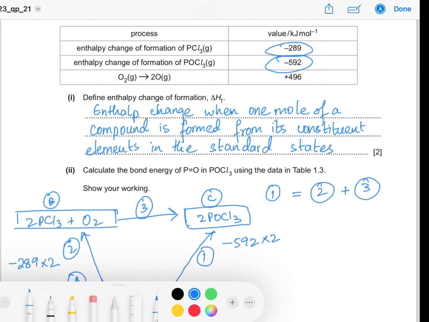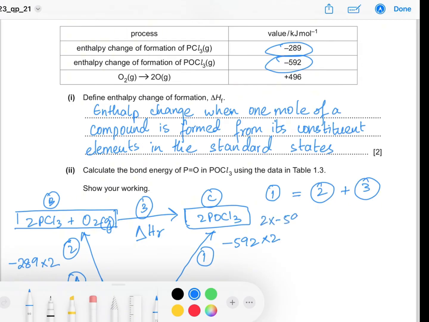And in Hess cycle, we don't consider elements like oxygen. It's not a compound, so we do not consider that. And we are supposed to use this cycle to find out the enthalpy change of reaction, denoted by reaction 3.